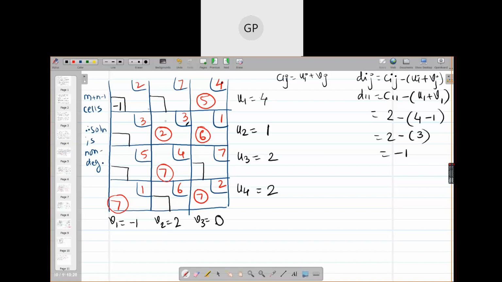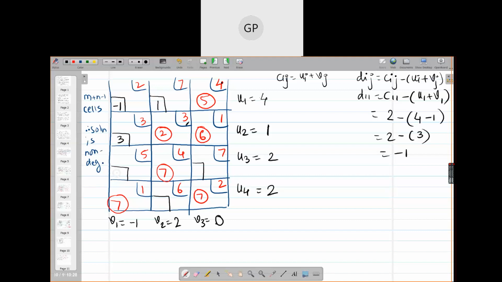Yes. D12, see how much it comes. Add the corresponding variables U1 and V2. 4 plus 2 is 6. 6 you have to subtract from 7. So the answer is 1. D21 is 3.